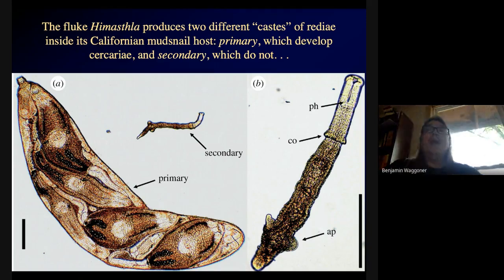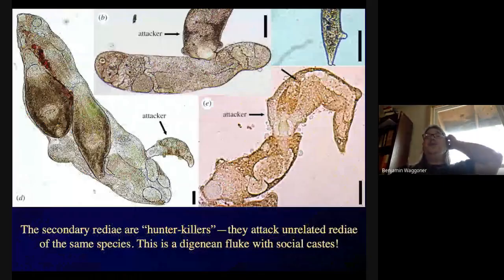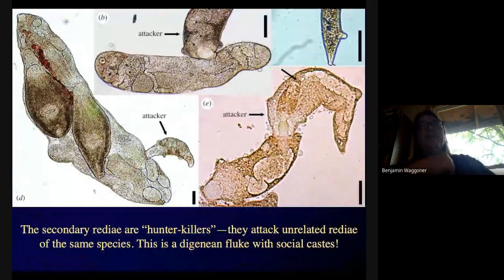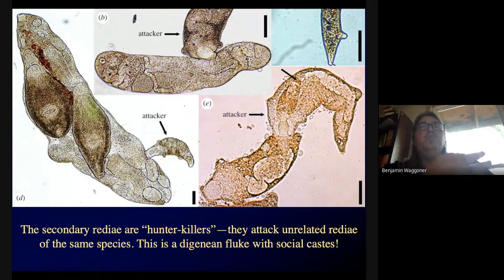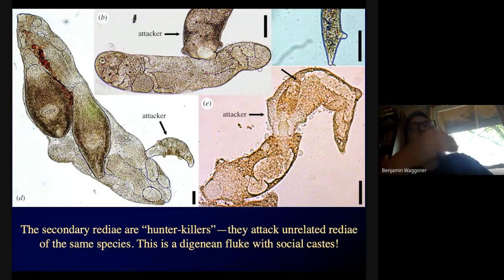Over there on the right, that pH is where the pharynx is. So that's where the thing's mouth is. These do actively feed, and what they feed on is unrelated redia. So if you have a snail that is infected by two different parasites at the same time, each of those will develop into sporocysts.